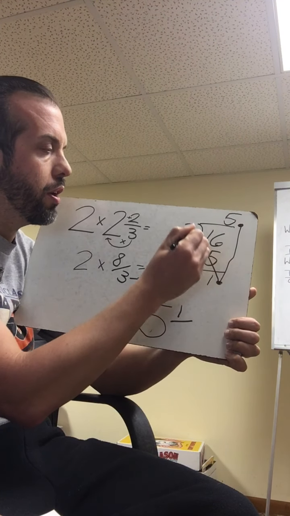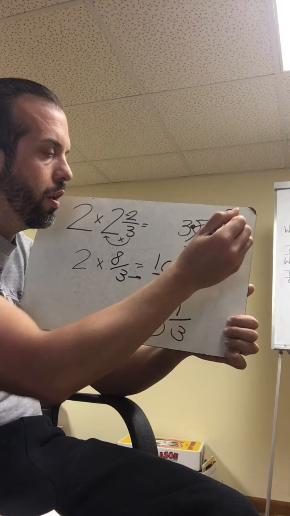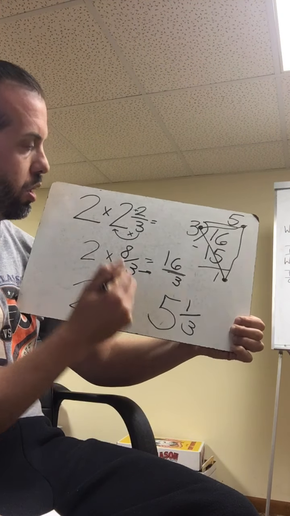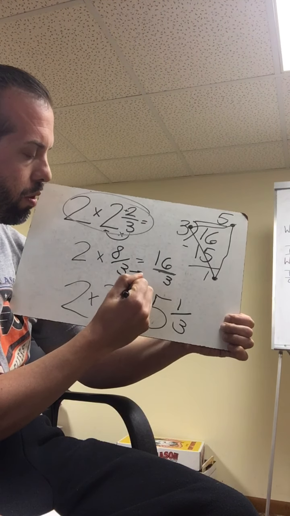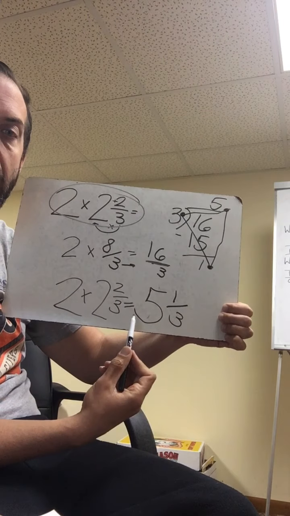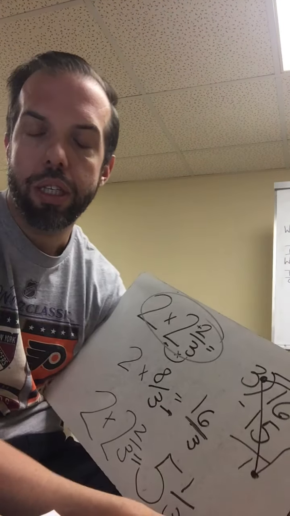And my divisor is going to be my denominator, which is 3. So the answer to my multiplication problem up here, 2 times 2 2/3, equals 5 1/3. Okay?